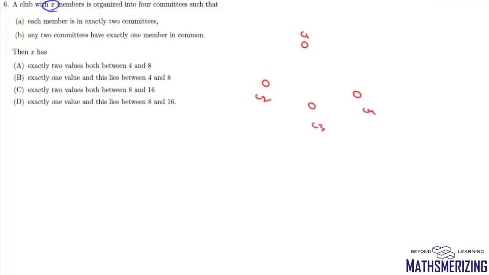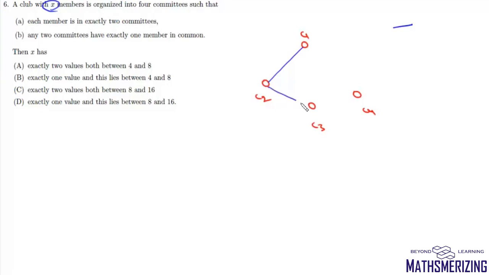Now it says each member is in exactly 2 committees and 2 committees share exactly 1 member in common. We have denoted committees with nodes. We'll denote members with edges. So each pair of committees has exactly 1 member in common and each member is in exactly 2 committees.